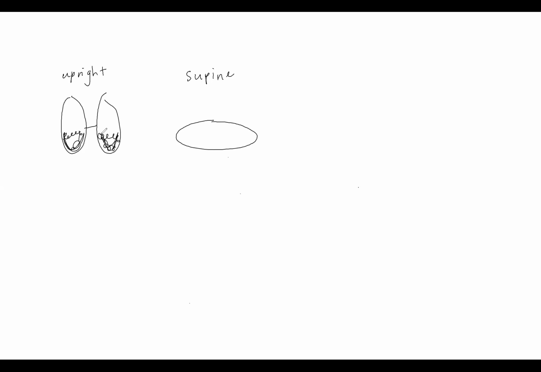And when we lay that on our side in the supine position, we are going to end up essentially seeing those opacities in the dependent regions at this point, which really correlates to the posterior aspects of the lungs and kind of all throughout.